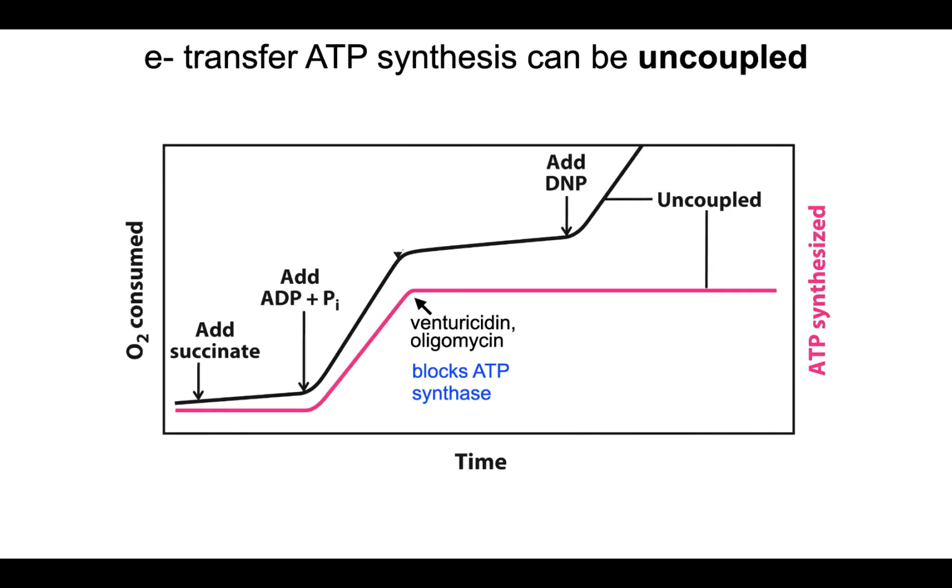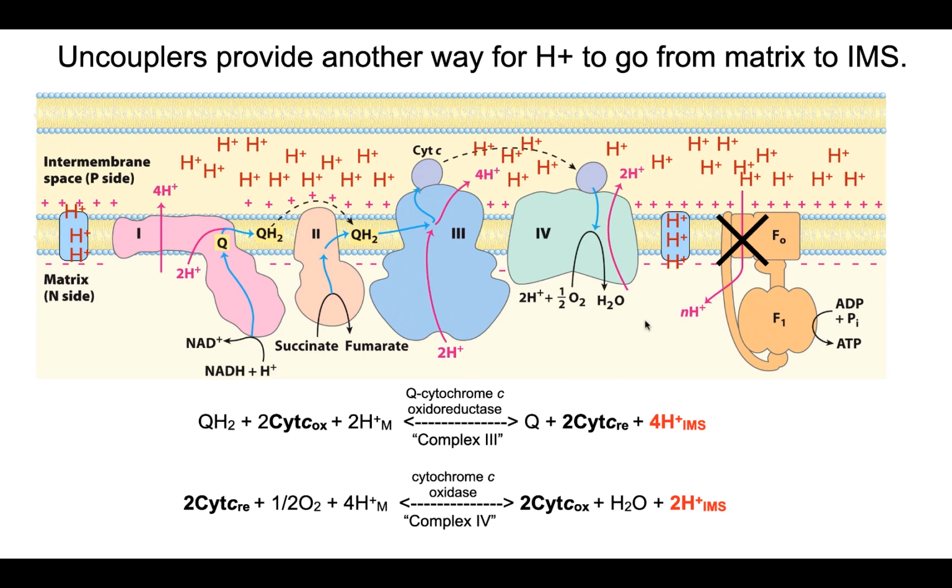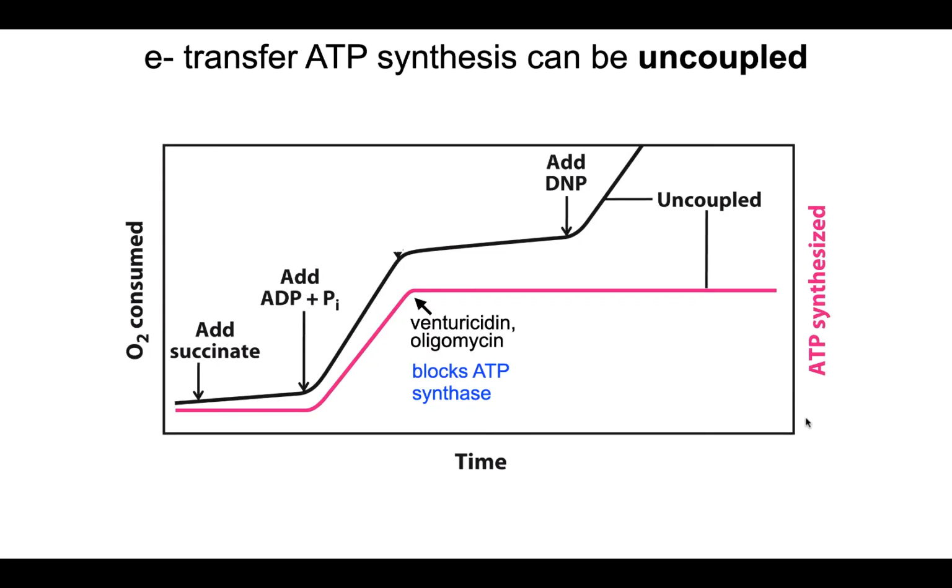So what these uncouplers do is they allow another way for protons to move down their concentration gradient into the matrix, bypassing ATP synthase. So let's take a look at how that data would look when we did the experiment.